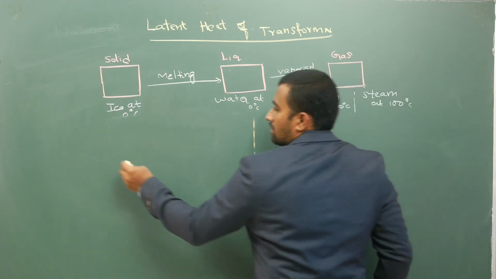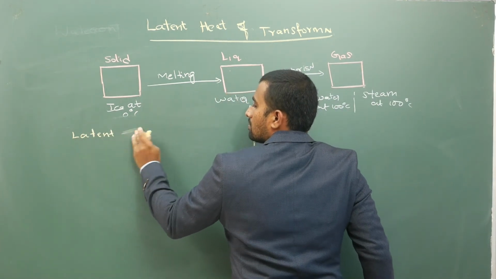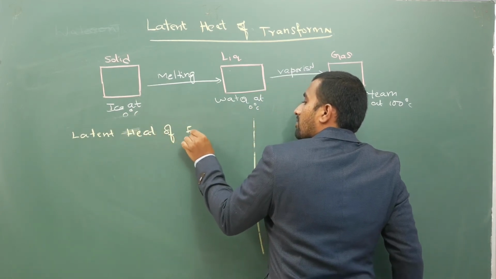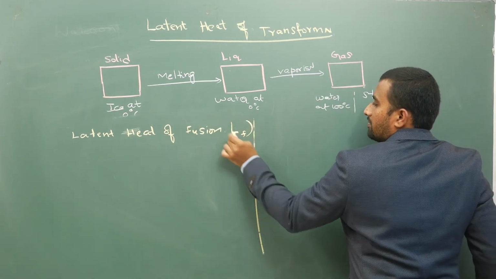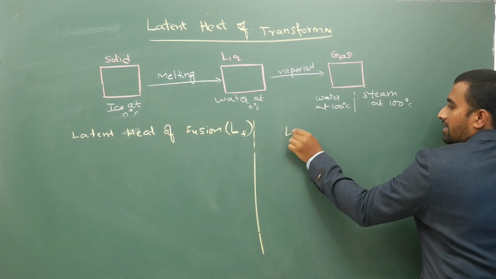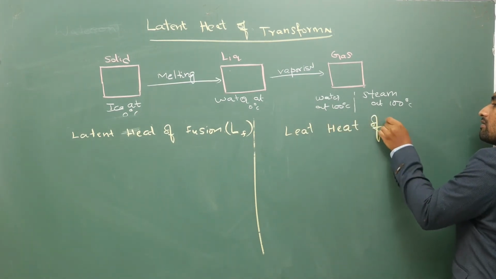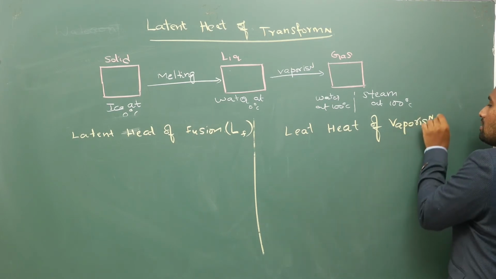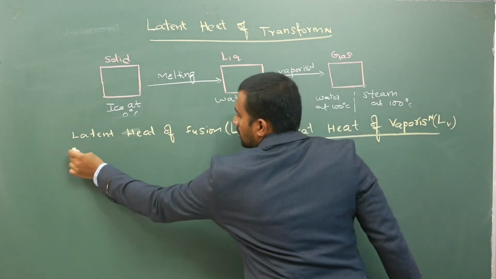Here, latent heat of fusion, I'll write subscript L, subscript F. Next is latent heat of vaporization, LV. So what is the difference between these two?